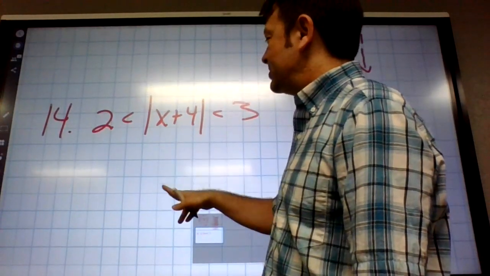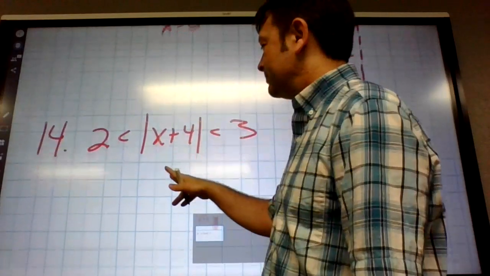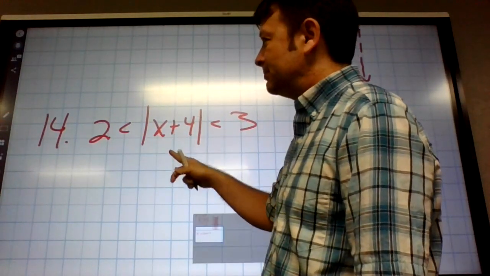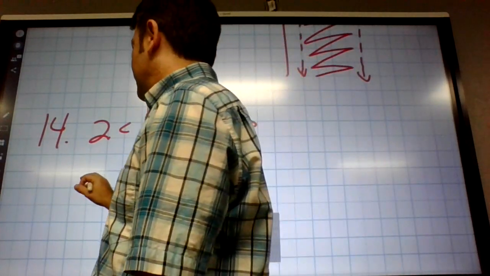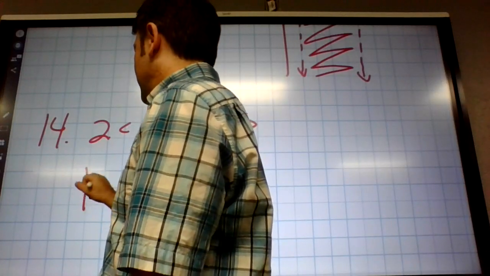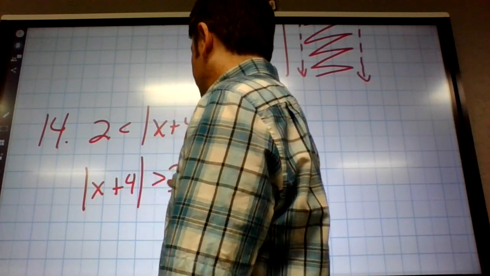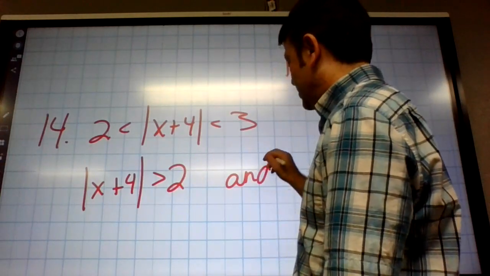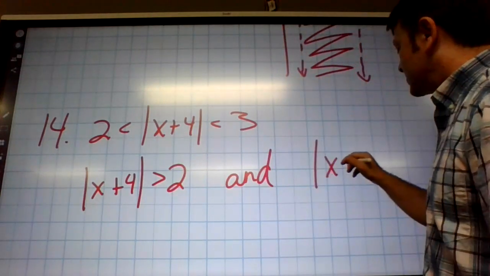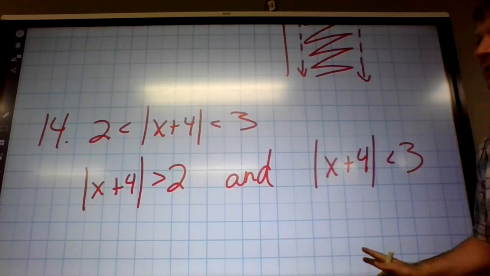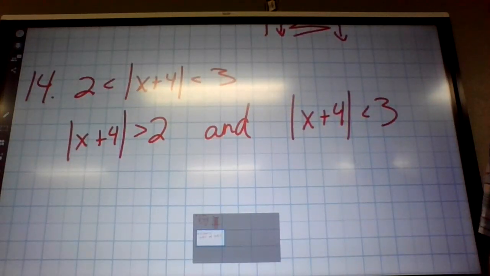So, you guys see what the problem is on this one? It's between two numbers and its absolute value, both. So, this is kind of saying two things. It's saying x plus 4 is greater than 2, and it's saying x plus 4 is less than 3. And you kind of solve both of these separately.